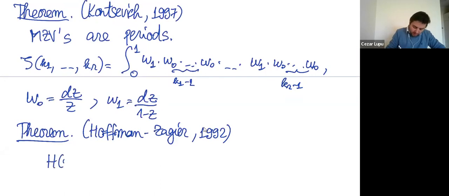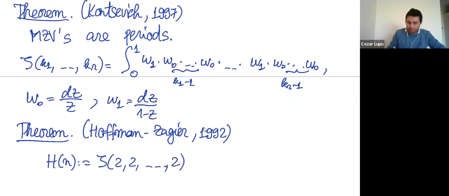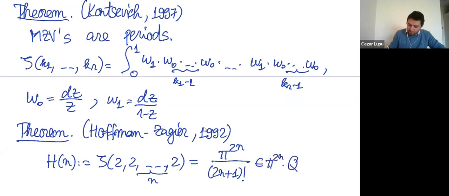So if we denote this Hn, what we call the Hoffman family of multiple zeta values, zeta of 2, 2, 2, ..., 2, n times, this is just pi to the power 2n over 2n plus 1 factorial. See, this is actually pi to the 2n times a rational number as well.